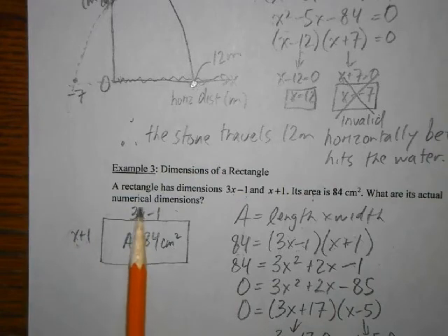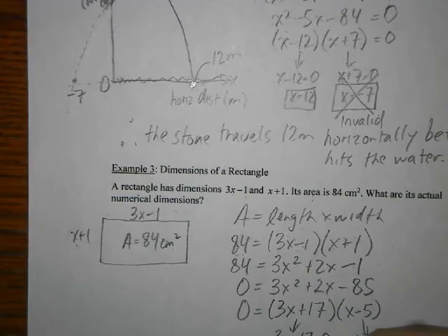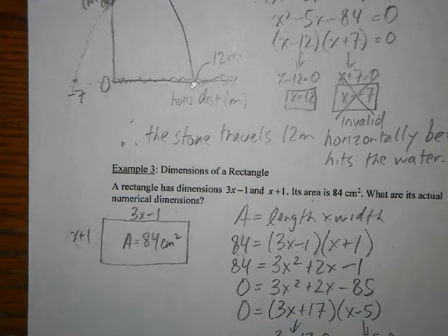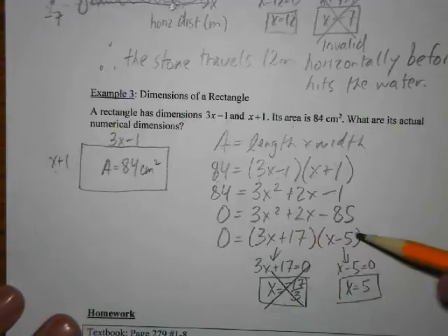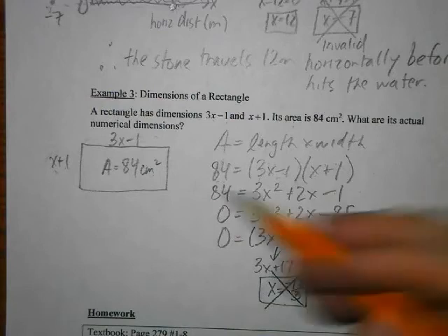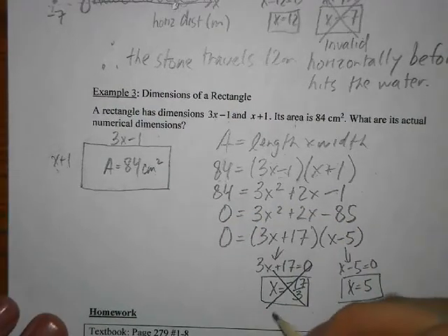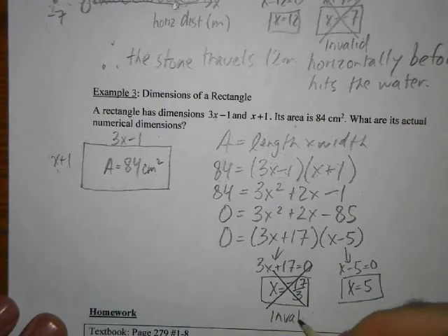It would also make this side negative 19. Well, that's not good, having two negative sides of a rectangle. So again, this number does not make sense in the context of the question. It made sense in terms of the factoring, but not with what our restrictions are in the rectangle. So again, invalid. So make sure you say that.